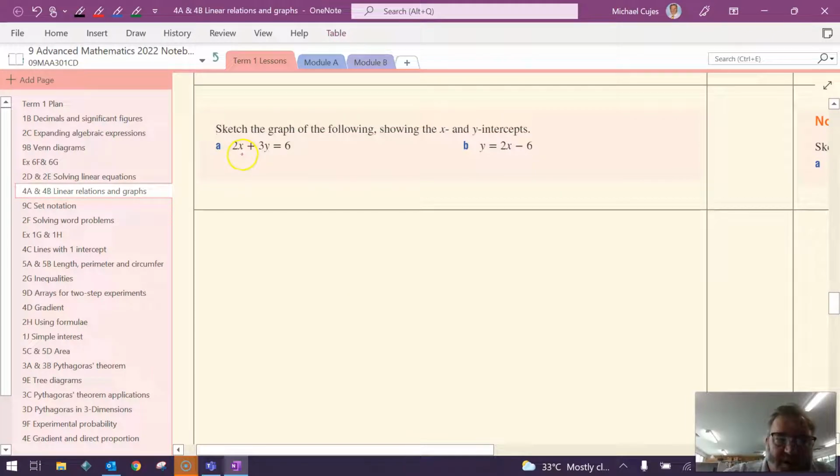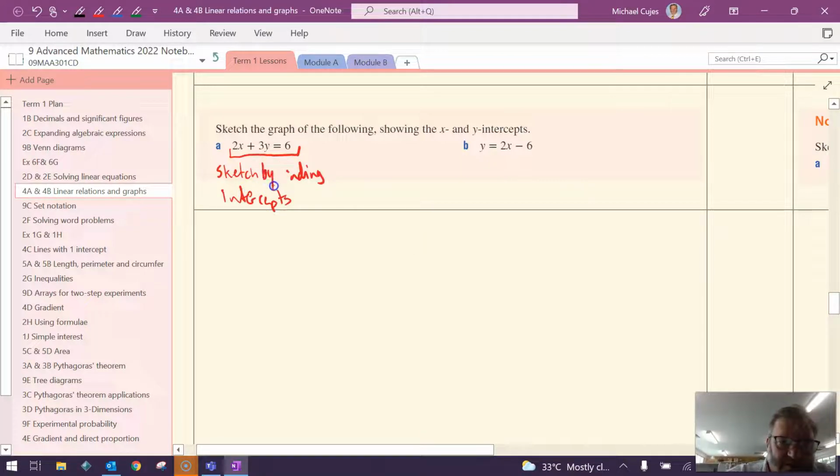Okay, when you're given an equation in this form, it's definitely easiest to sketch by finding the intercepts. If I find the intercepts correctly, hopefully you can read that.